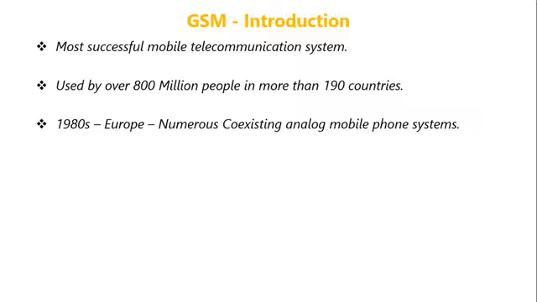So for the second generation digital system, there were numerous technologies and they were not compatible with each other. To avoid this problem, Europe formed a group, and that group is called Group Special Mobile.